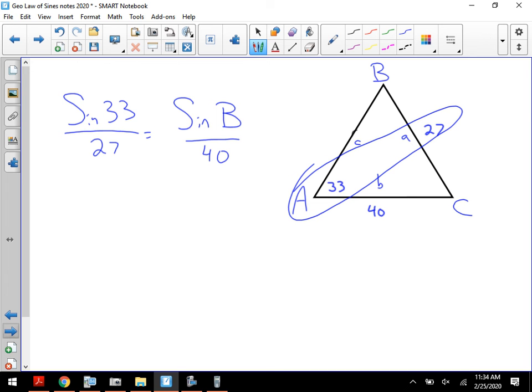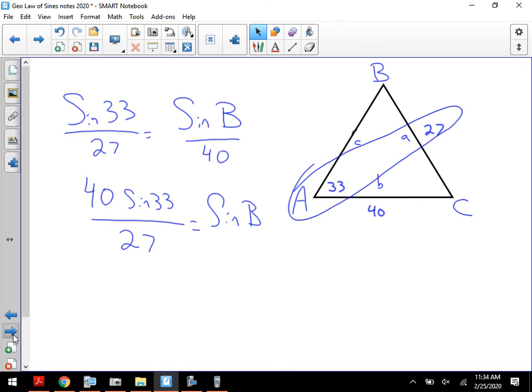Second sine, second cosine, second tangent, how you got the sine to the negative 1, that kind of stuff. Well, in order for us to be able to do that, we have to figure out what this side is equal to. But first, we have to move something. How do I move the 40? Multiply. So when we're trying to find an angle, all we do is just move the 40 over. 40 times the sine of 33, over 27, is the sine of B.